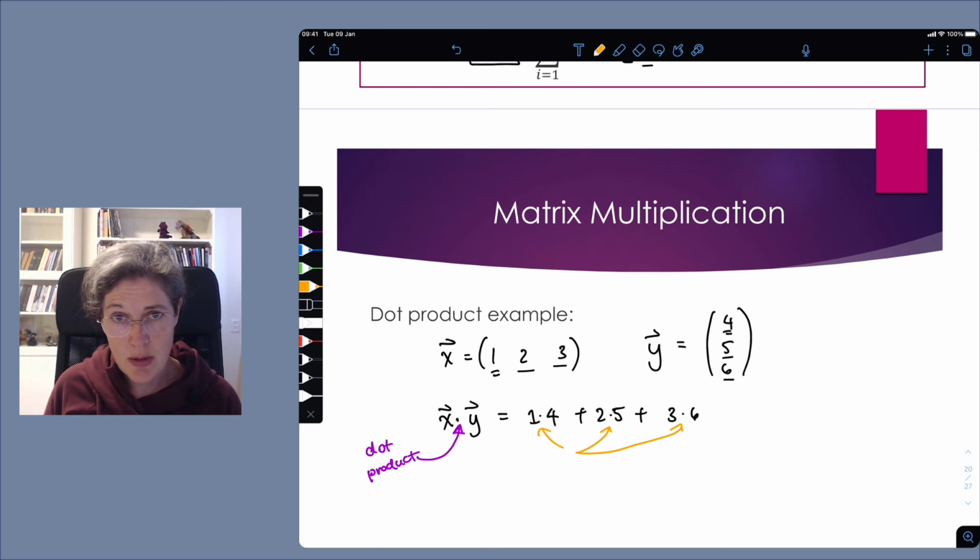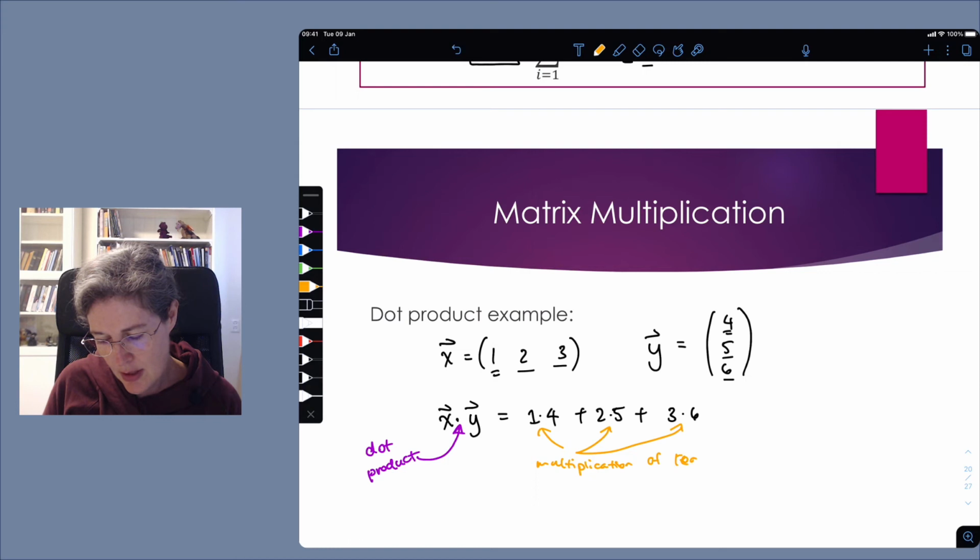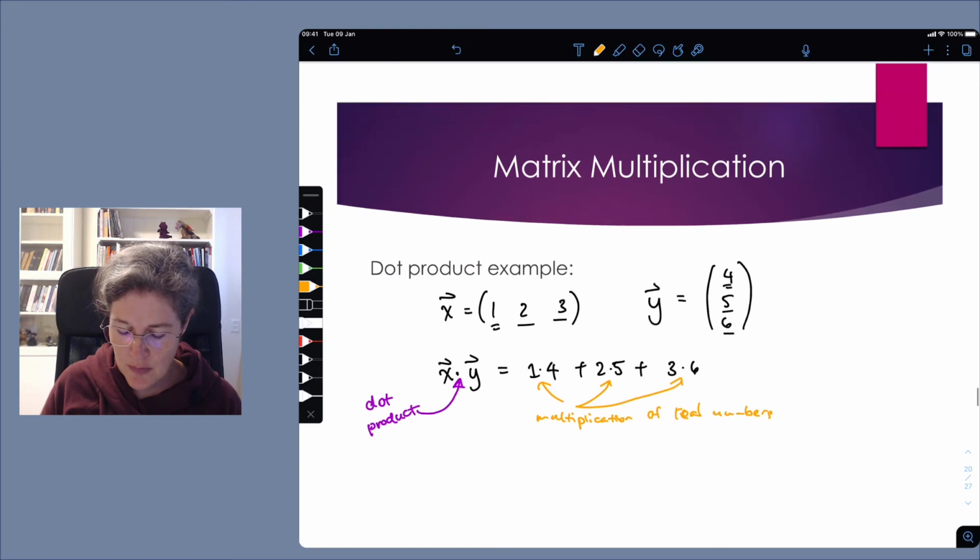It's just multiplication of real numbers, which are actually quite different operations, but the same notation gets used. Sorry about that.